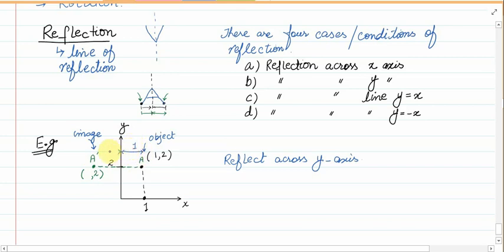That means the distance to the image is also 1 unit. So its point is -1. Why -1? Because we are on the negative x-axis, right? So that is a very basic and easy example to understand the concept of a reflection, right?